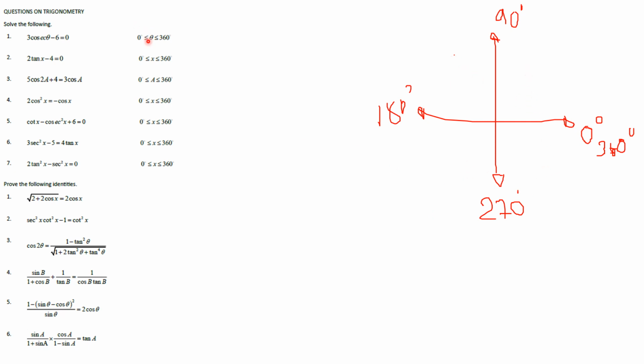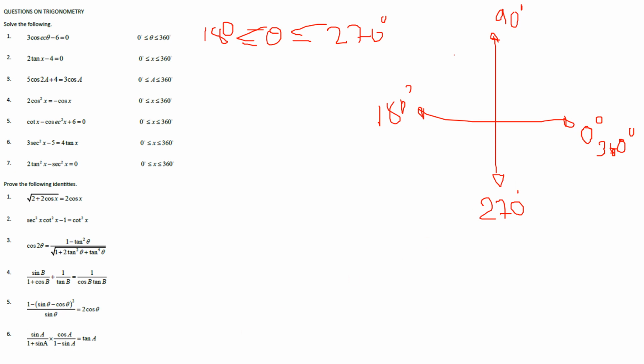For example, if the question was restricted to say theta is between 180 and 270, we would know that theta would be in the third quadrant.